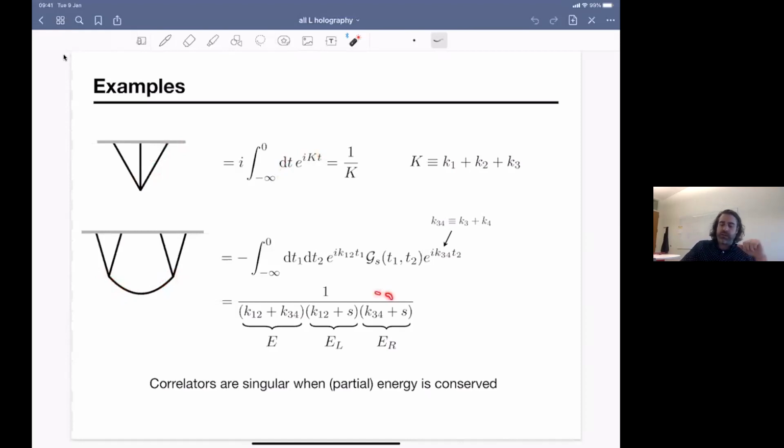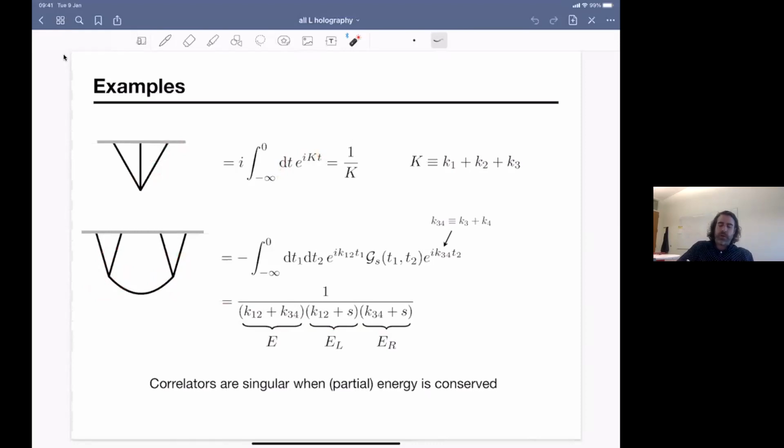And what you get is this following answer. Notice it depends in a simple way on the energies of the external particles. There's one factor, which is the total energy involved in the process. Then there's one factor, which is the energy flowing into the left vertex, and then another factor, which is the energy flowing into the right vertex.